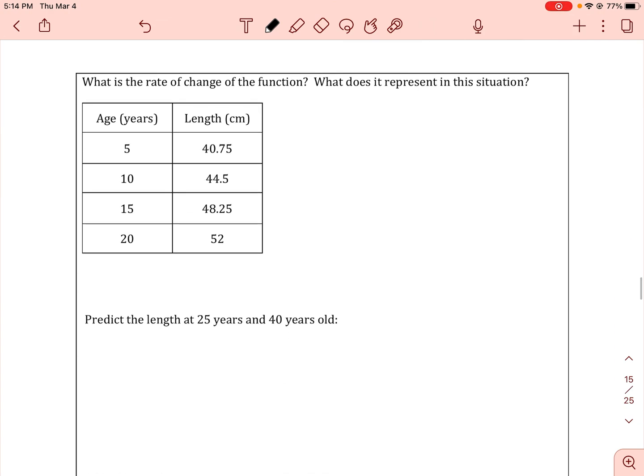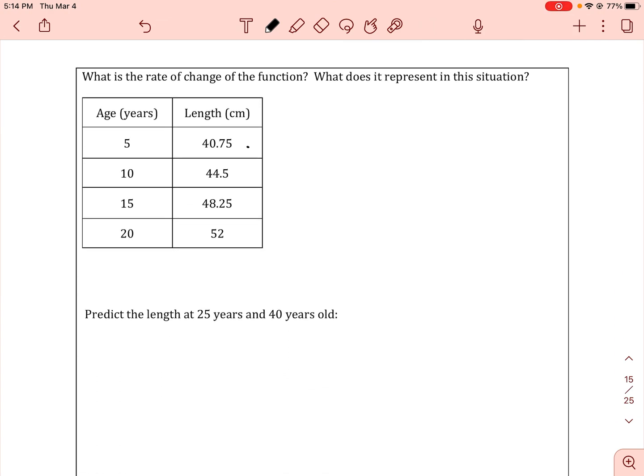So what is the rate of change and what does the function represent here? Again, we're told it's linear, so there is definitely a constant rate of change. So if I take 44.5 and subtract 40.75, I get 3.75. And if I do the same for all of these, 48.25 minus 44.5, and then 52 minus 48.25, I get 3.75 each time. Here, plus 5, plus 5, plus 5.